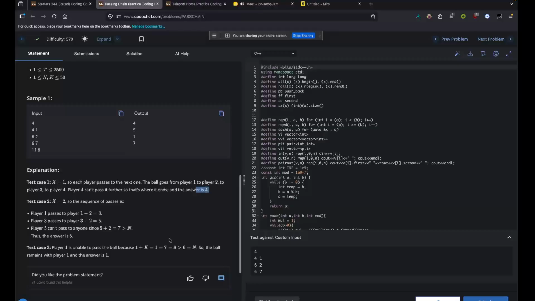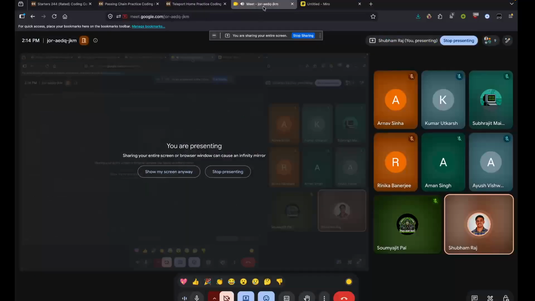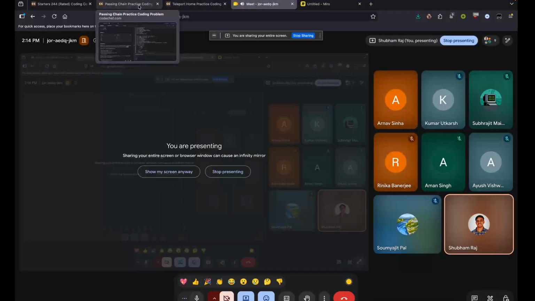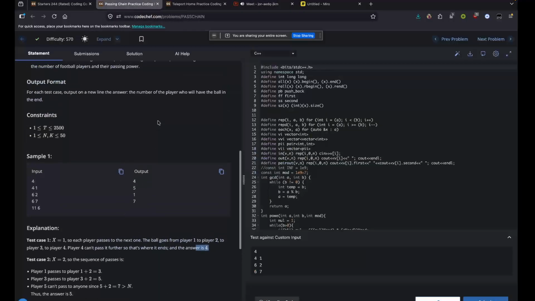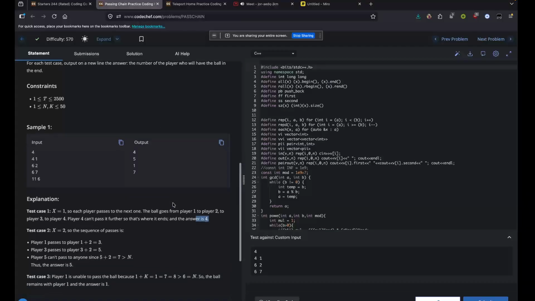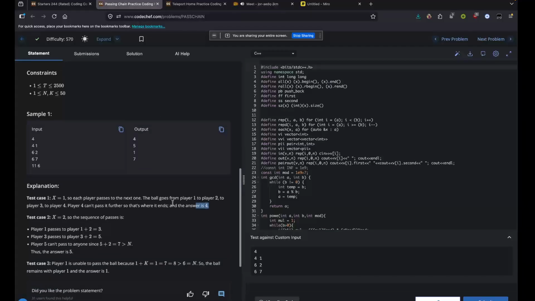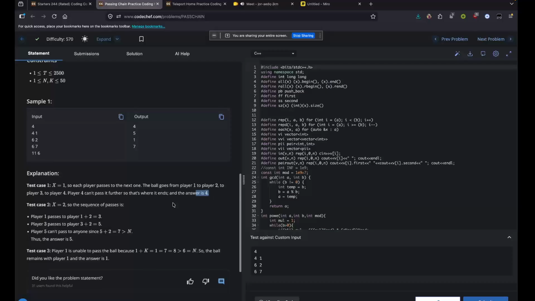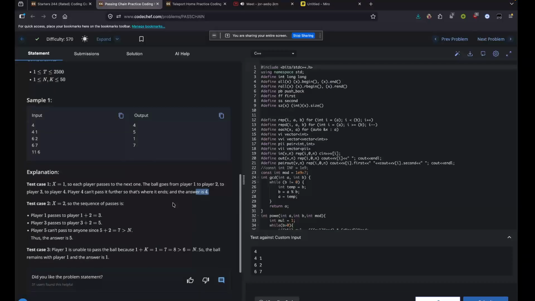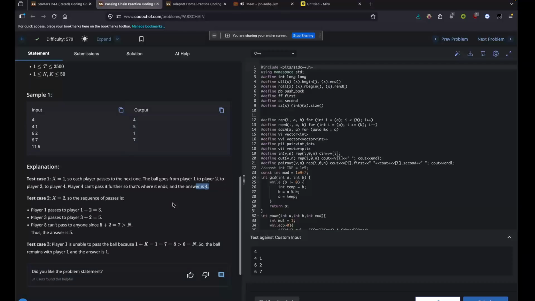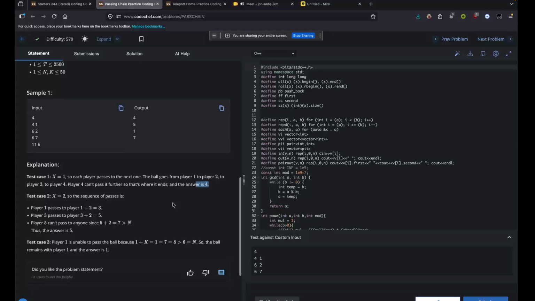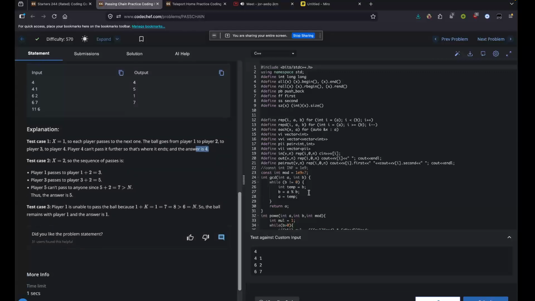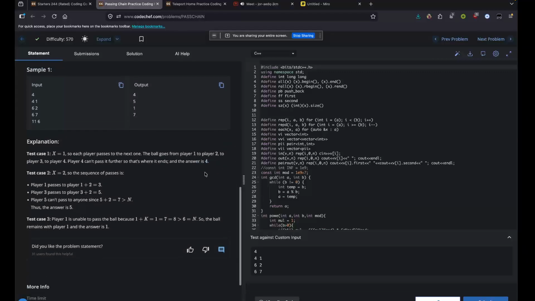So can you share your approach for this question? Yes, I first take an integer, let's say i equal to 1, and run a while loop till i plus k exceeds the value of n, and every time I change the i value to i plus k, and whatever the final i value is, it will be printed out.